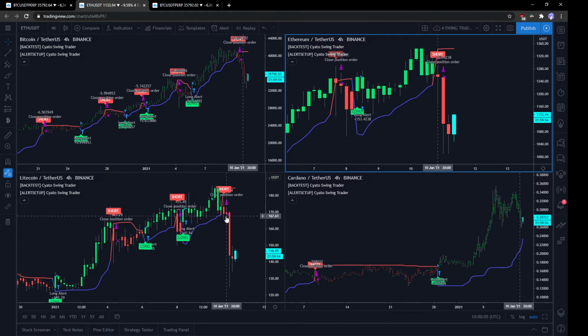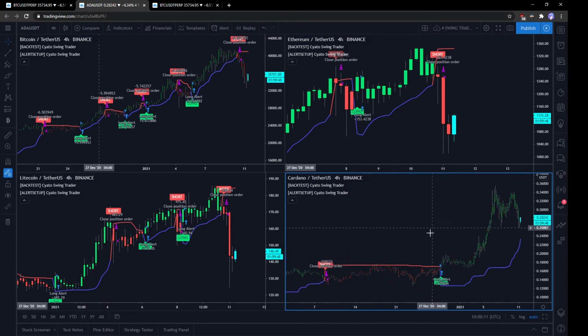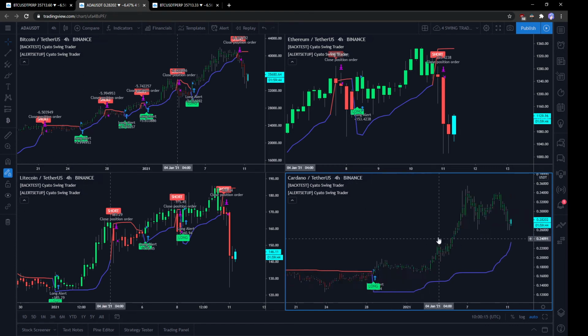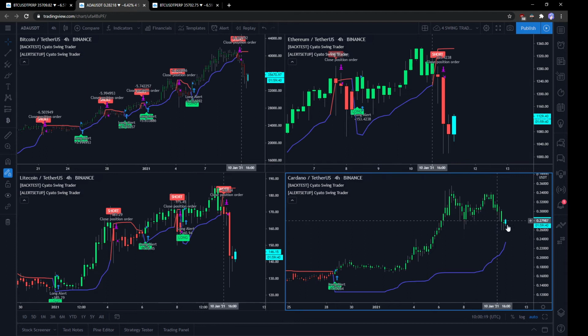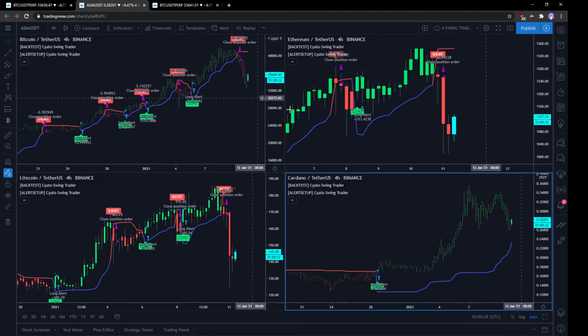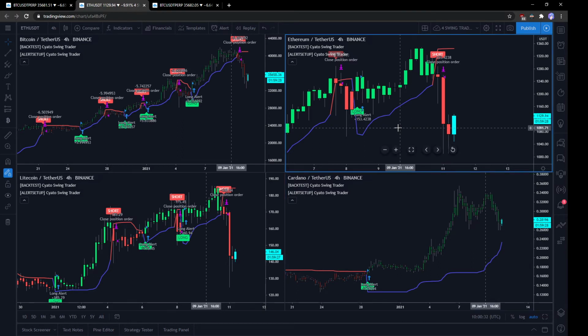The strategy sold right before the big candle, and on Cardano I need to perhaps review the settings a bit, because I don't know if it's just a little correction and it's going to go back up, or if it's a change of trend. It's too early to say, so we will see.